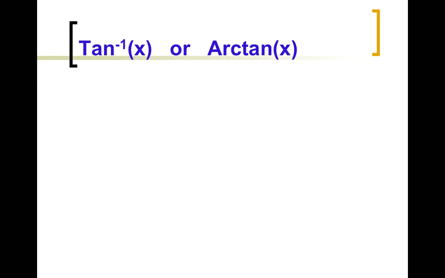All right, last but not least, we're going to look at tangent. These are the only 3 that we look at here. If we were to look at tangent itself, here's negative pi halves and positive pi halves. And tangent ends up looking like this.